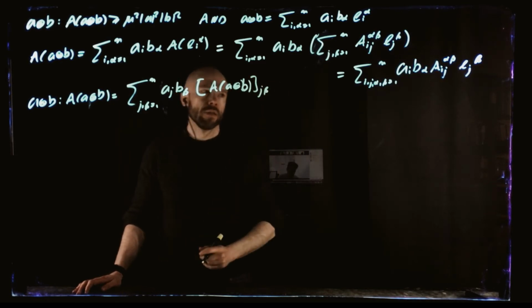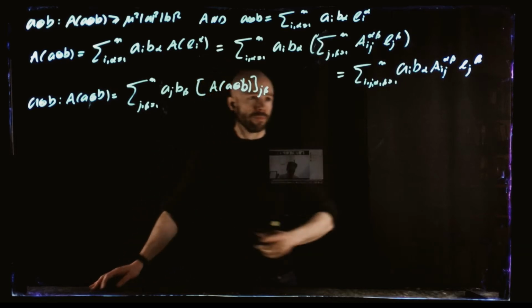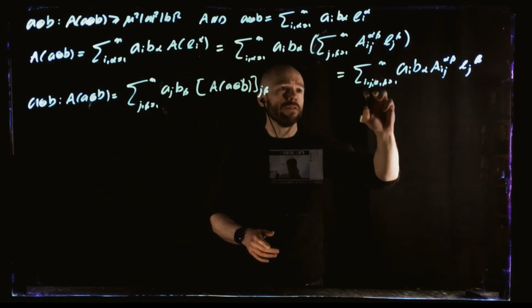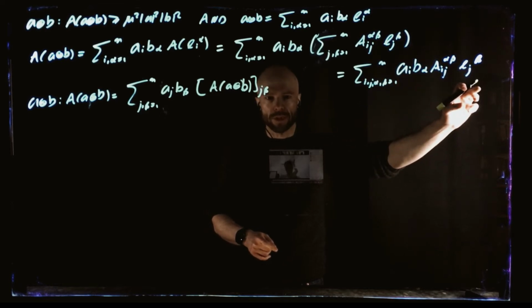And the jB entry of this guy is, again, the sum of I alpha from 1 to n of this expression like this.